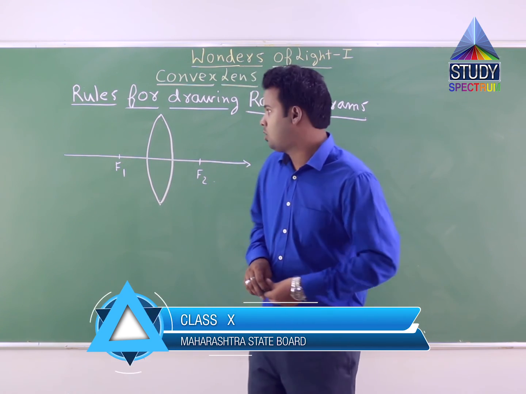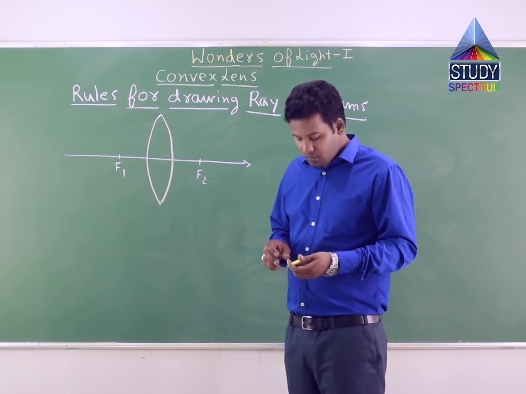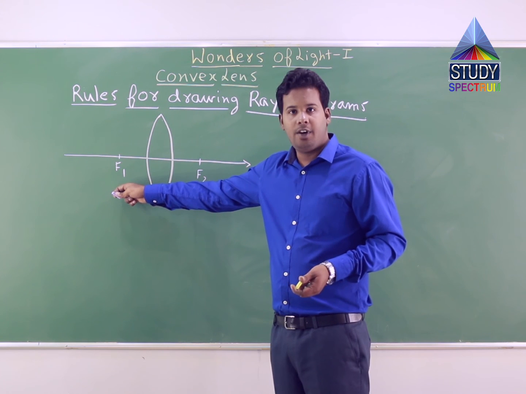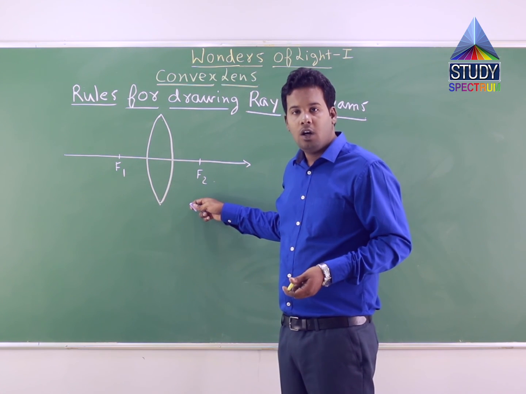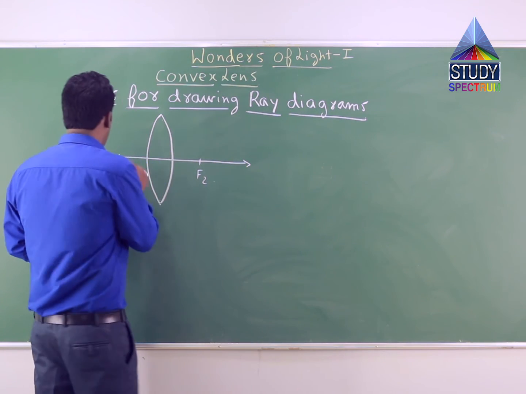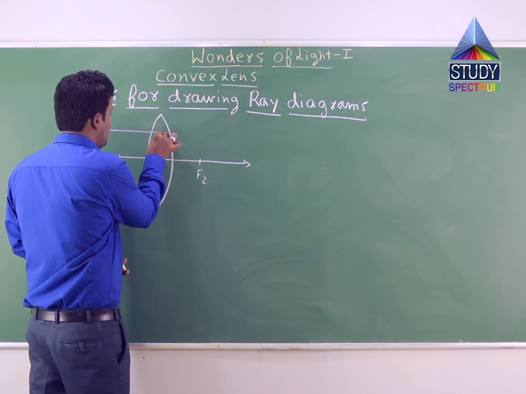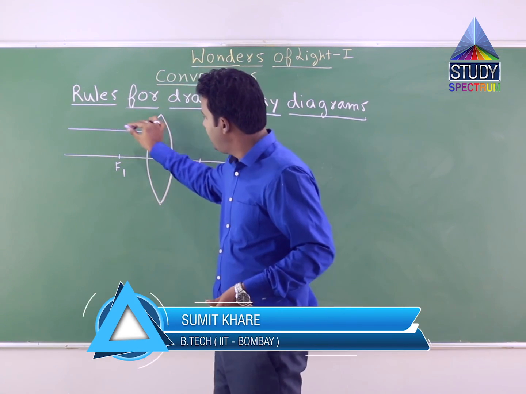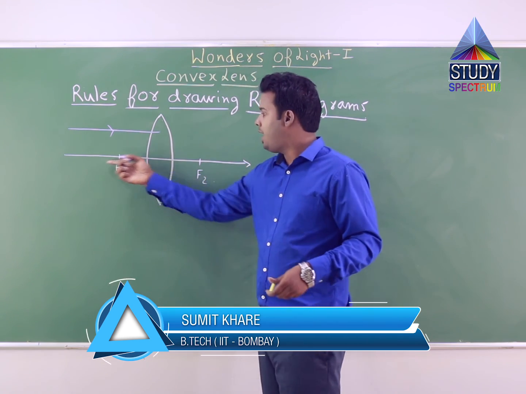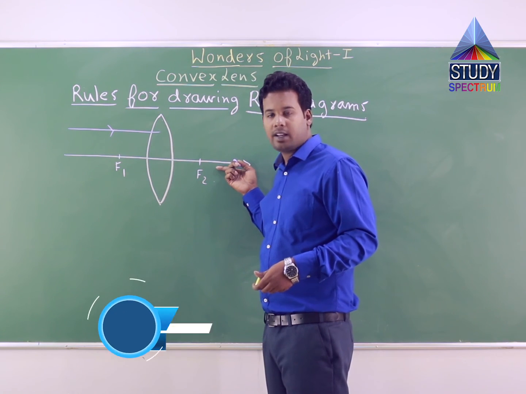Okay, so what are the different rules for drawing ray diagram? This is a convex lens, focus point f1, focus point f2. Rule number 1 says if the incident ray is parallel to principal axis, this white dark line is actually your principal axis.